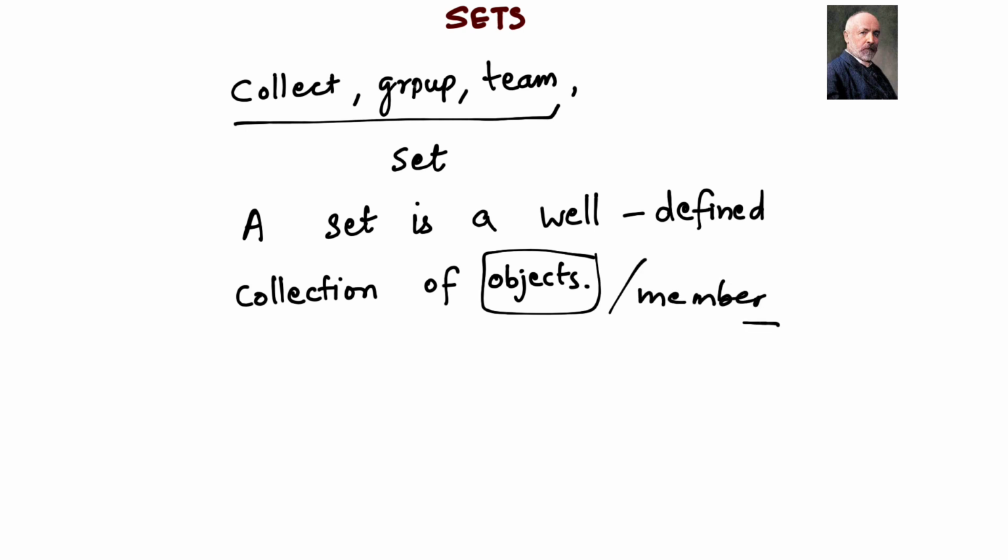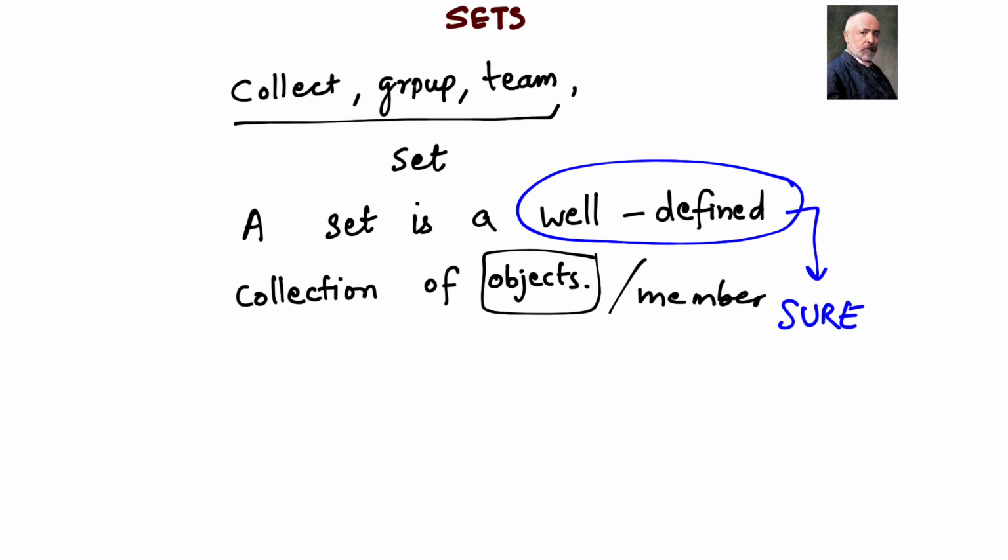And these members can be almost anything which you can count, which you can name, which you can define uniquely. Now here the term well-defined is really important. Well-defined means you have to be sure whether something is a member of that set or not.